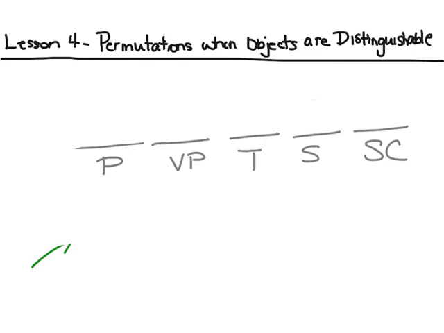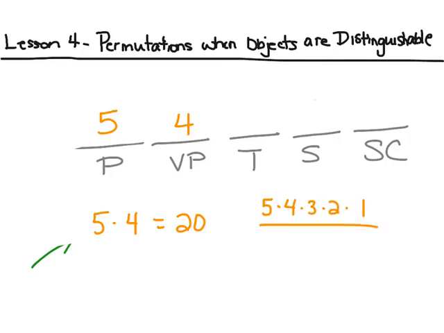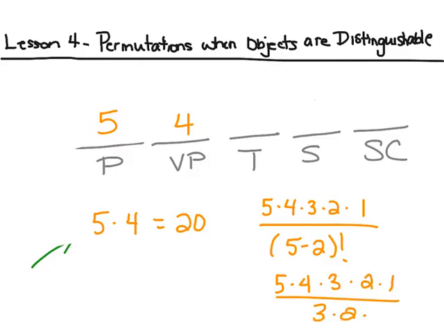The next one, we're only choosing the president and the vice president, so there's 5 and 4 ways, which is 20. That's the same as 5 factorial divided by 5 minus 2 factorial, because we want to get rid of 3 factorial. That leaves us with 5 times 4.